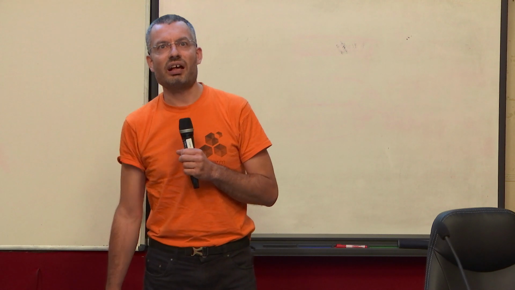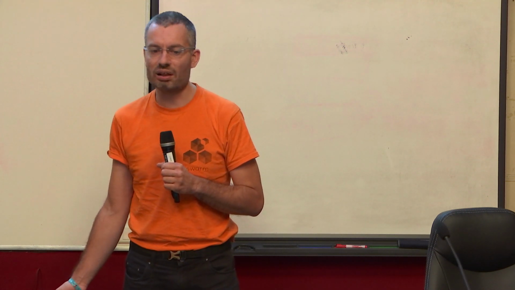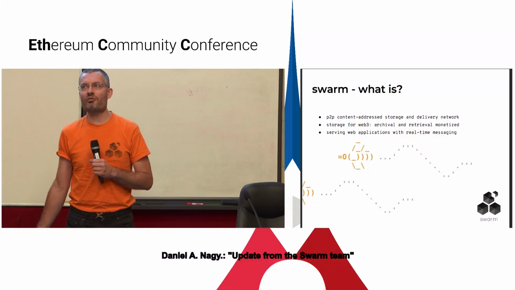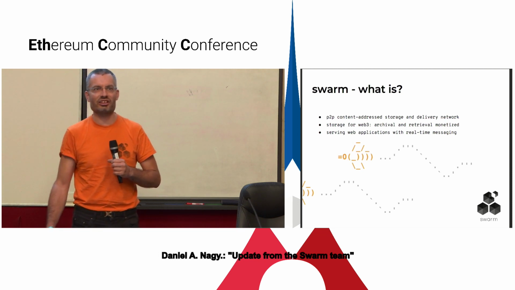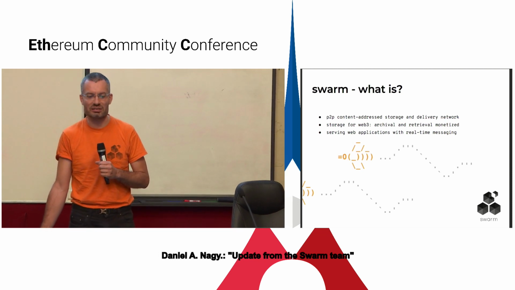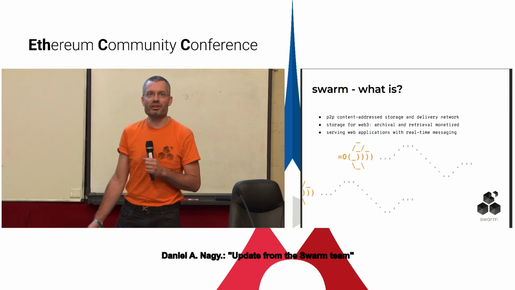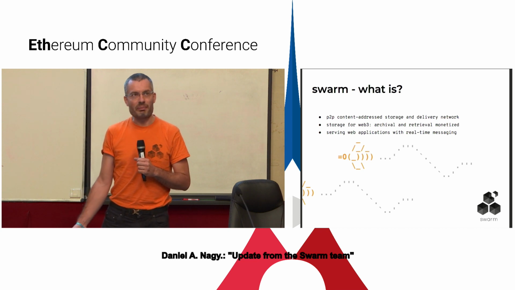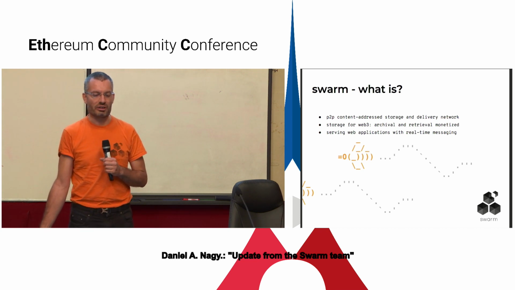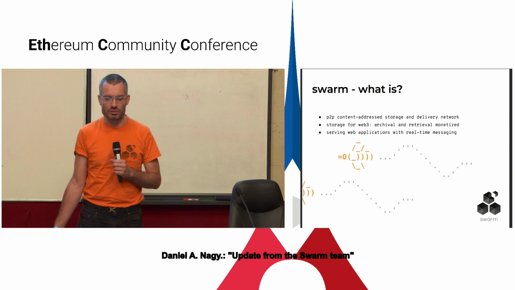So first, I would like to give a little introduction about what Swarm is. It started off as the distributed, decentralized hard drive for the world computer that is Ethereum, but during the years, it has grown to be a little bit more than that. Primarily, it is still a peer-to-peer content addressed storage and delivery network.